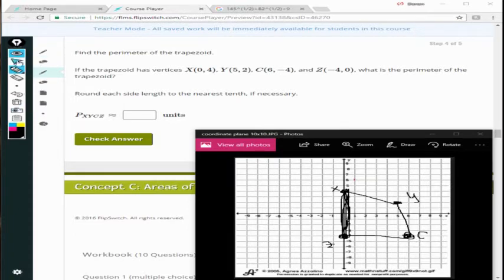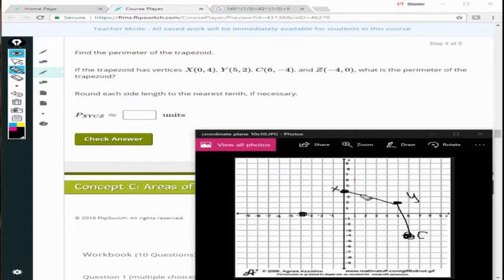Oh, okay, I graphed one of these wrong. I had a dyslexic moment, and that's why it's good to double check everything, because that wasn't looking like a trapezoid, because I didn't have parallel lines. So Z is at negative 4, 0.